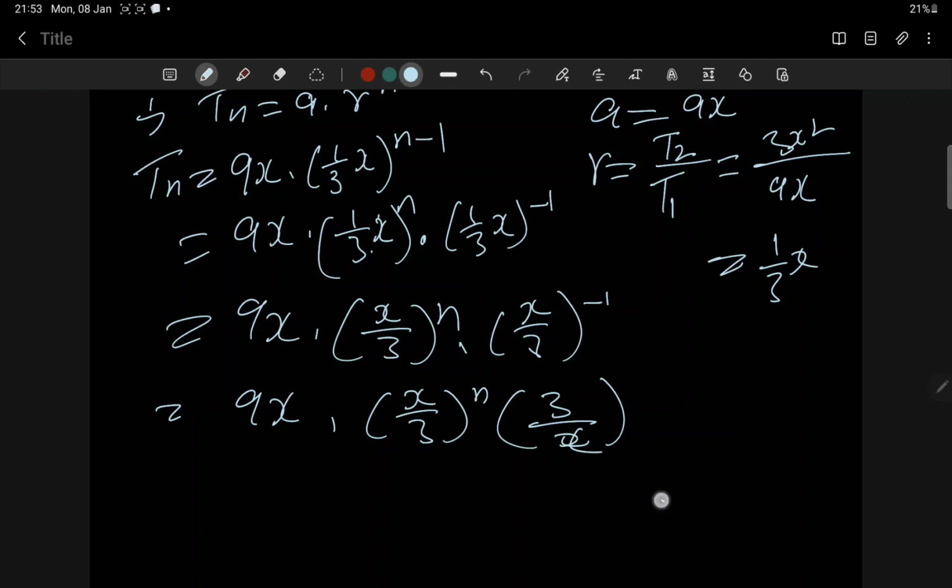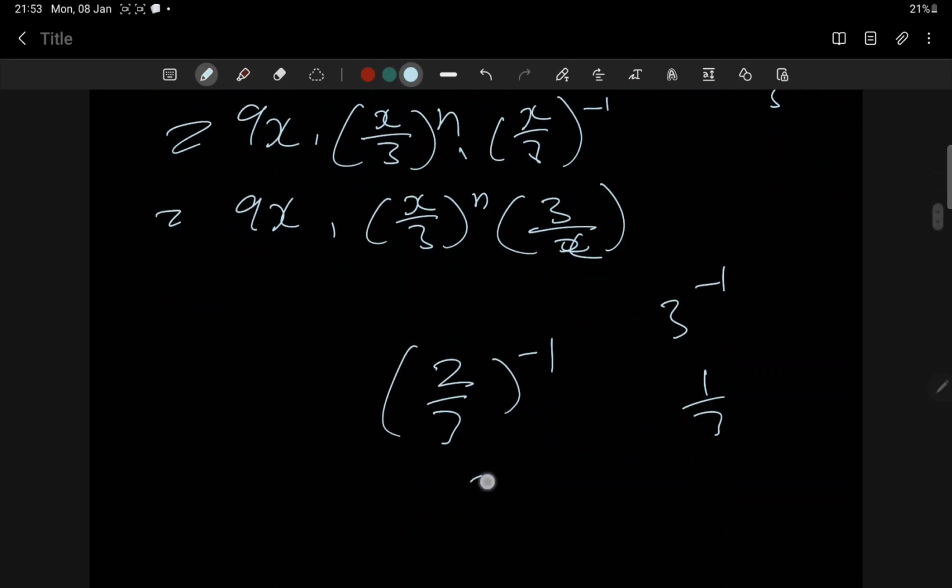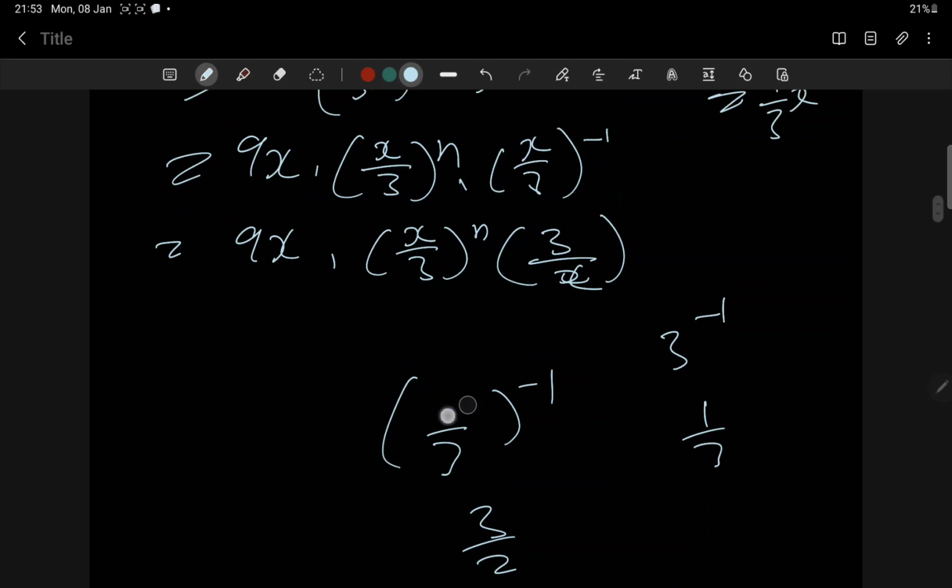If we have 3 to the negative 1, you can also change this to 1 over 3. So if we have any number raised to the exponent of negative 1, you can invert that. If you have 2 over 3 to the negative 1, you can write this as 3 over 2. It's an inverse.